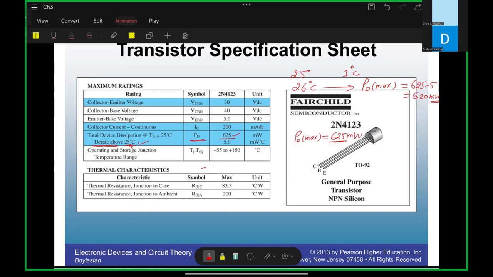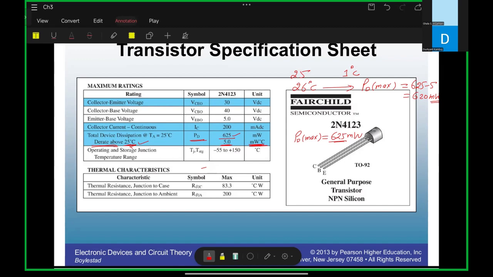He's saying that when you increase the temperature above 25, its power dissipation decreases at a rate of 5 milliwatt per degree.